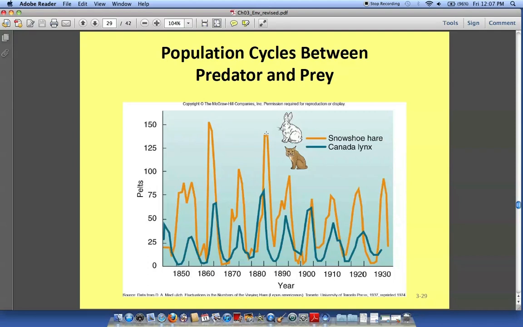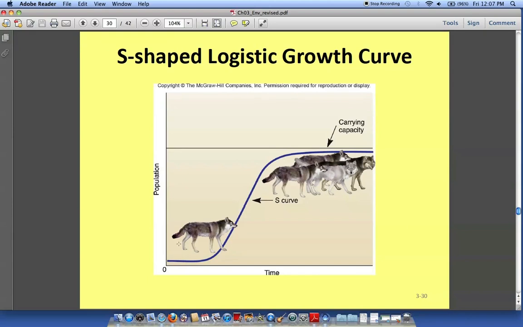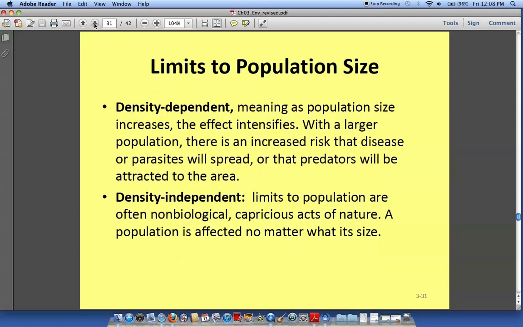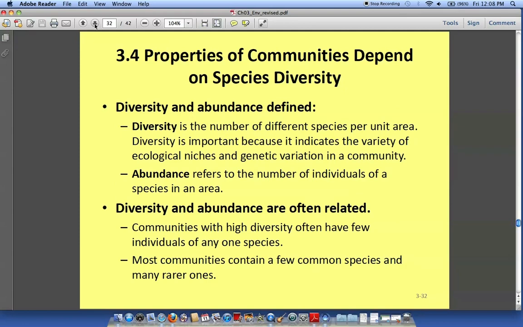We don't get these high spikes too much anymore, and the carrying capacity can stay at a steady keel. It gives you the S curve, the logistic growth curve, when you do have the predator-prey relationship. But if you remove the predator, then you have the J curve, the exponential growth and habitat destruction. Then we also have different types of limitations to population size and what causes that.